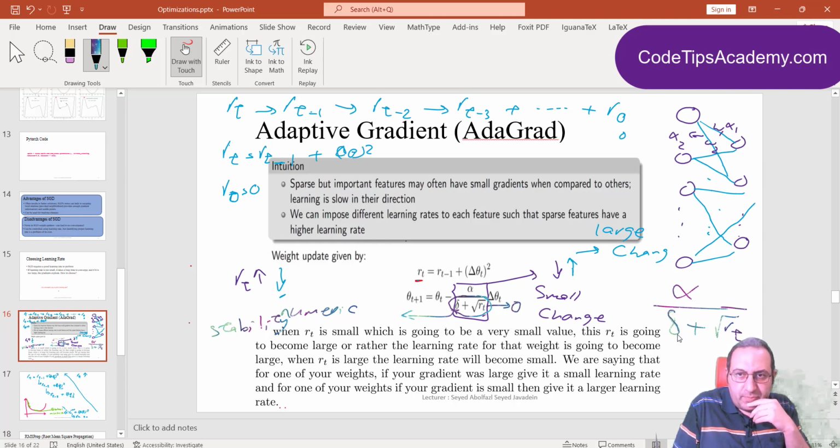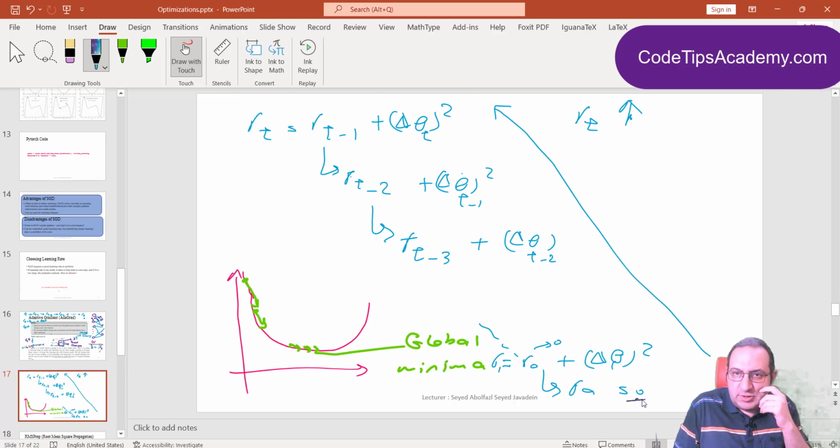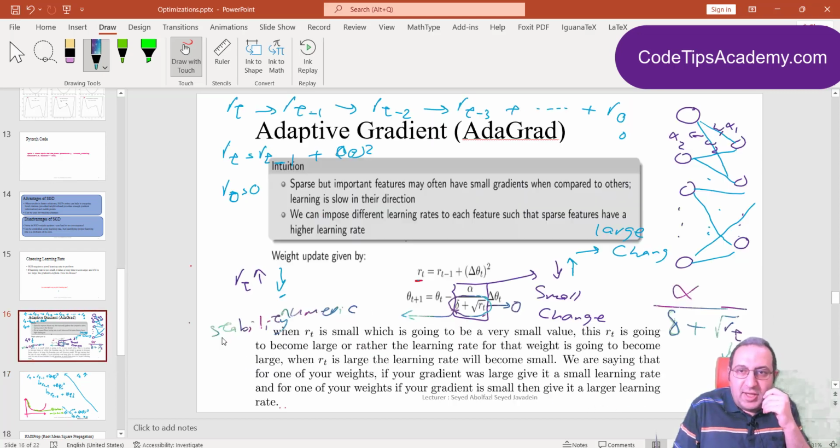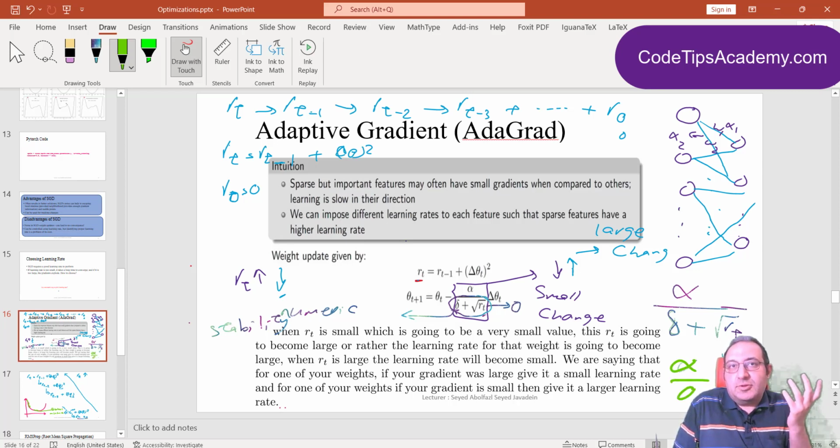Sometimes you can see RT is very close to 0, for example in the first step, R0 is 0, and this can create a problem for us. For example, in the first step we have alpha divided by 0, and this is not suitable for us.